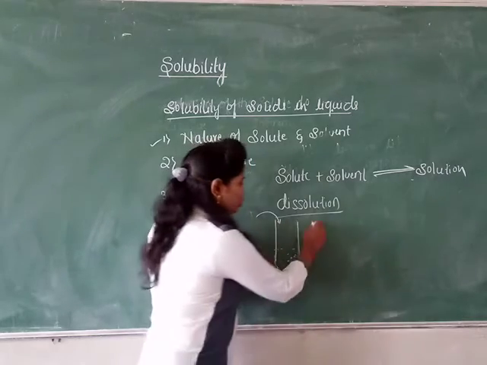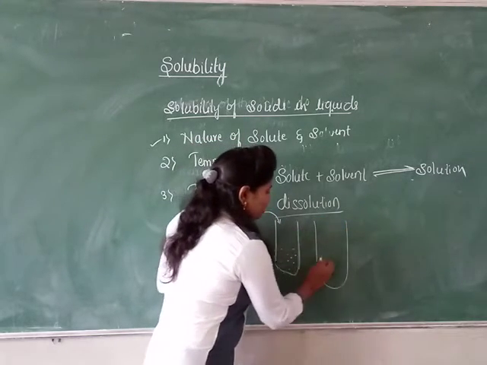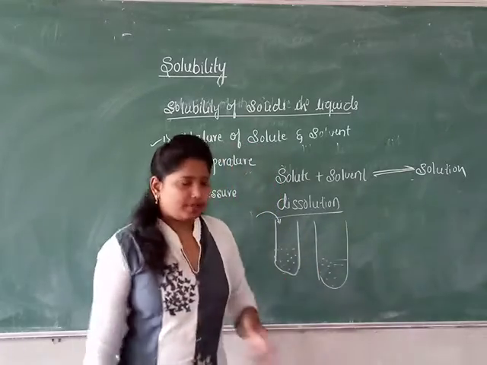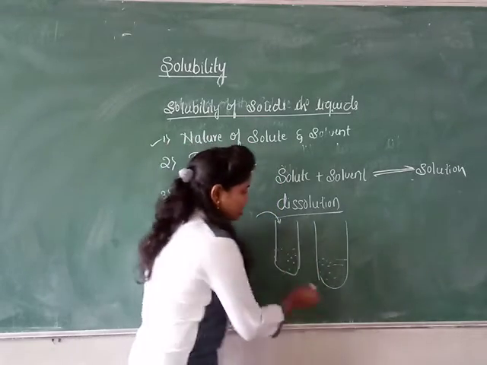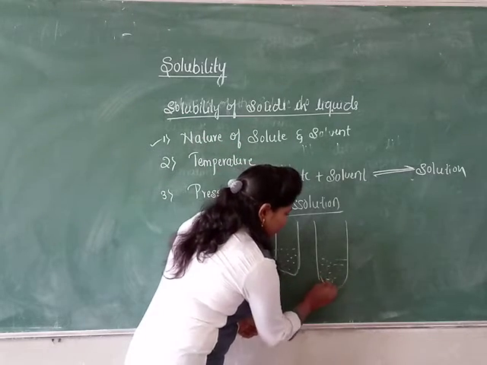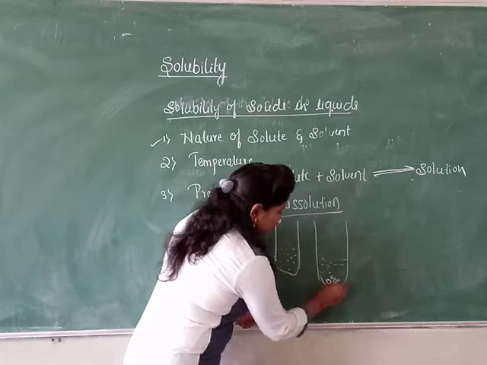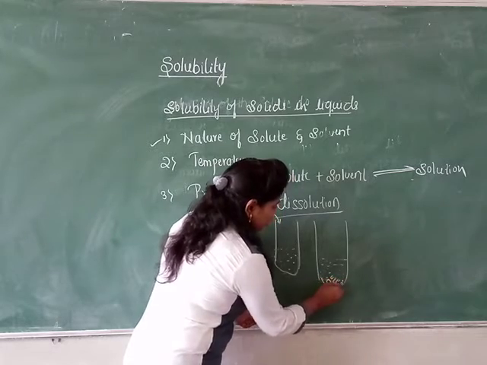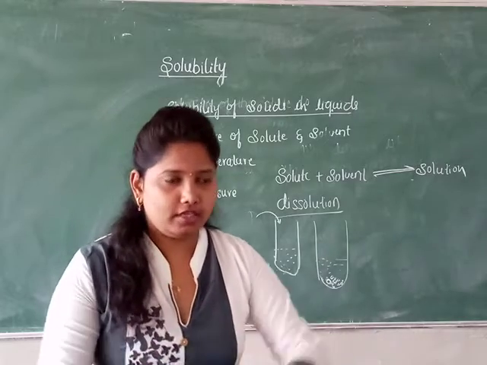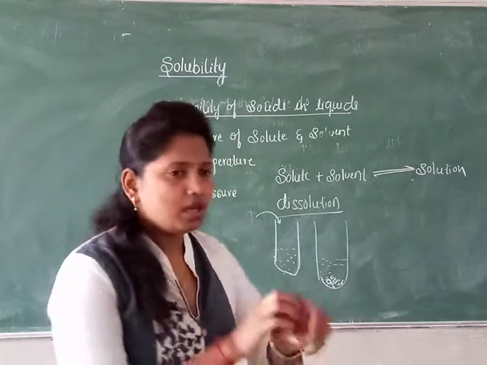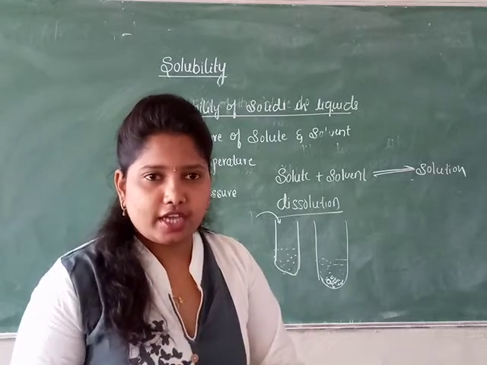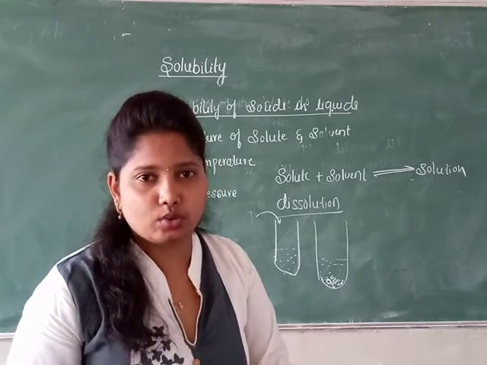When I add some more solute particles to the same solvent, the solid particles collide with each other, separate out from the solution and settle here. Assume that these are the solid particles. When I add any solute to the solvent, they get dispersed, dissolve in the solvent and become a clear solution. Such a process is known as the dissolution process.